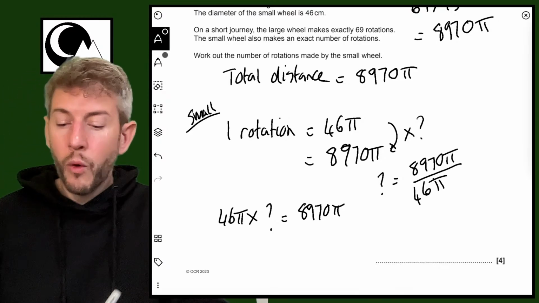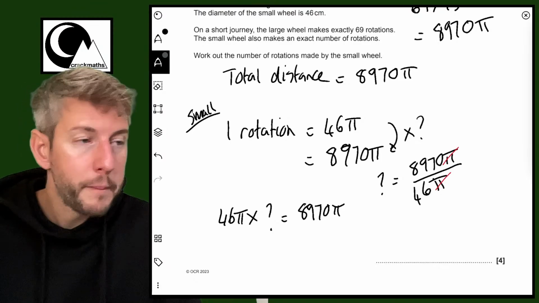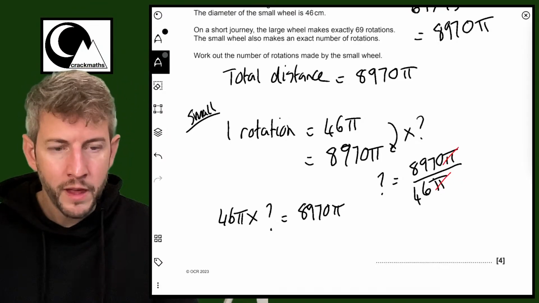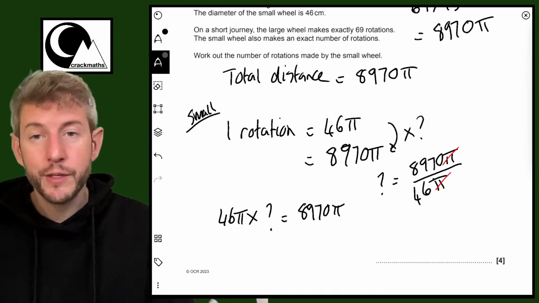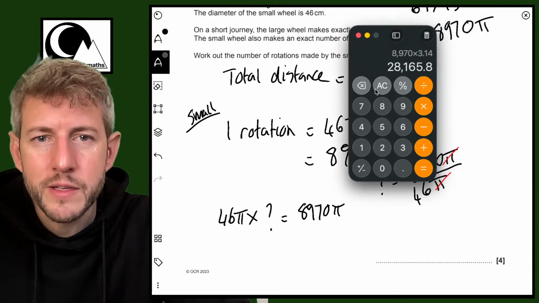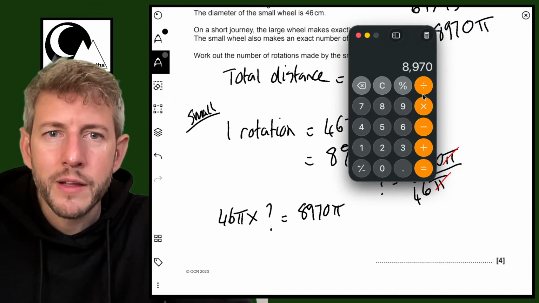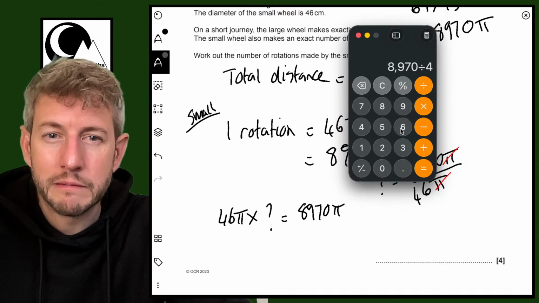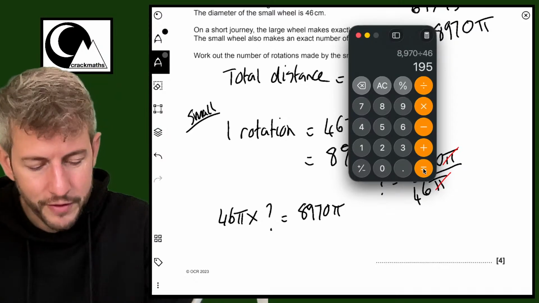We can instantly cancel out these pi's, because pi divided by pi is 1. So all we need to do is 8,970 divided by 46. Let's get out the calculator. That's going to be 195.